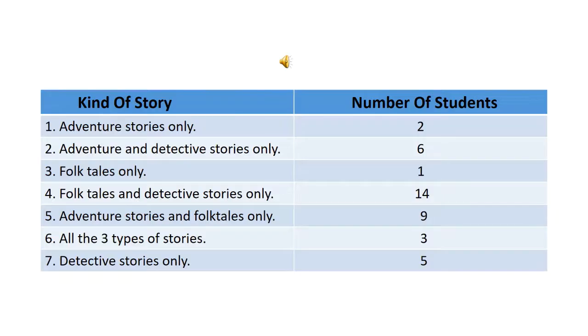Number 1, adventure stories only, 2 students. 2, adventure and detective stories only, 6 students. 3, folk tales only, 1 student. 4, folk tales and detective stories only, 14 students. 5, adventure stories and folk tales only, 9 students. 6, all the 3 types of stories, 3 students. 7, detective stories only, 5 students.